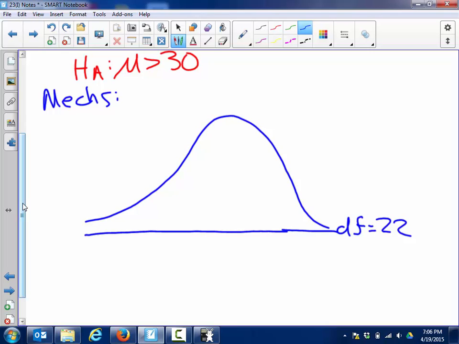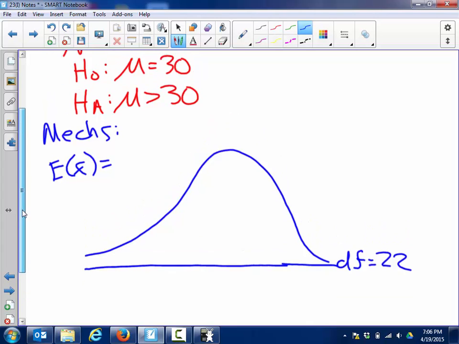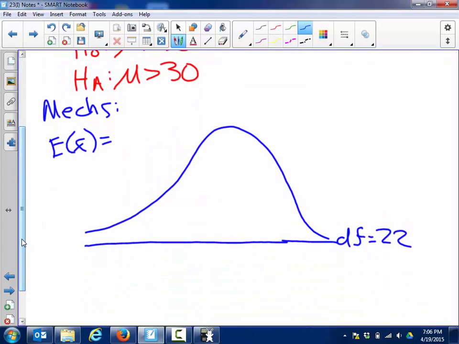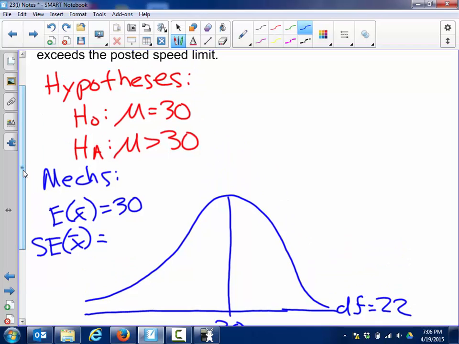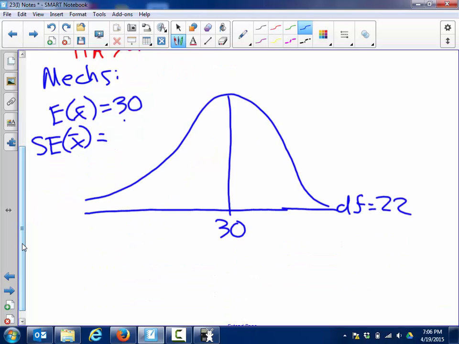Standard error of a sample mean was 0.89. So we'll set up basically the same bell curve. 31.04 in the middle, 31.93, and 30.15.